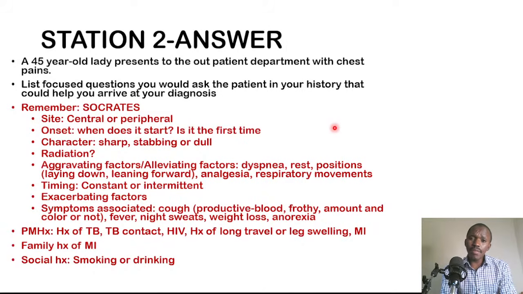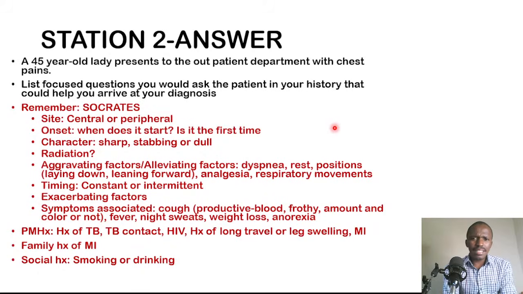Then you're also going to be having your past medical history. Of course, a past medical history of TB. Have they been treated for TB before? Has there been any TB contact? Now, what's most important here is that the TB contact must be recent, within the past 2 years. You can't say, no, this person had TB 5 years ago, and maybe it's a grandmother that stayed 5 years ago in the village.